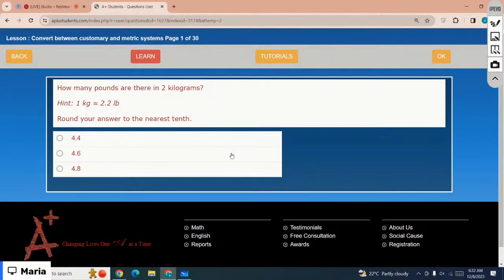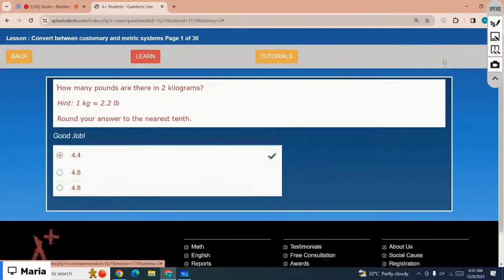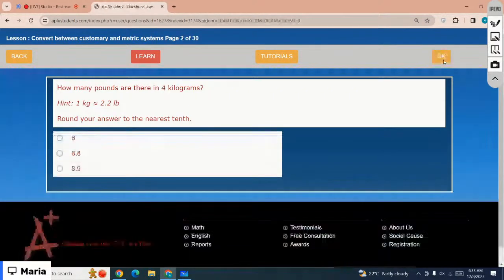Yes, it is 4.4 pounds. 2 kilograms equals 4.4 pounds.